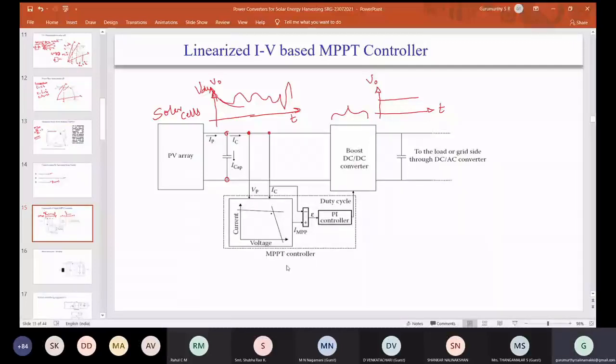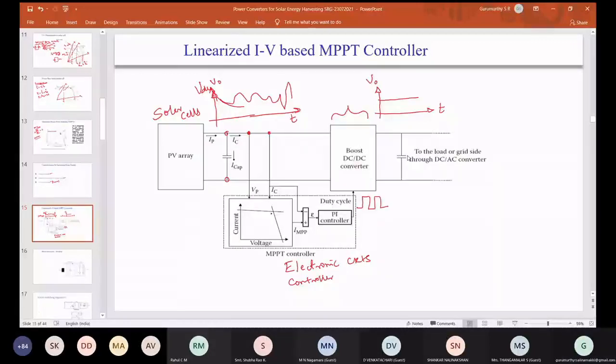There are electronic circuits with a few current and voltage sensors, some feedback circuits, and maybe a microcontroller. Like what you studied yesterday and the day before about op-amps and signal processing circuitry, those circuits will be there, maybe with a microcontroller and embedded software, and finally it will generate the pulses to the boost converter. So finally it will get the required output voltage.